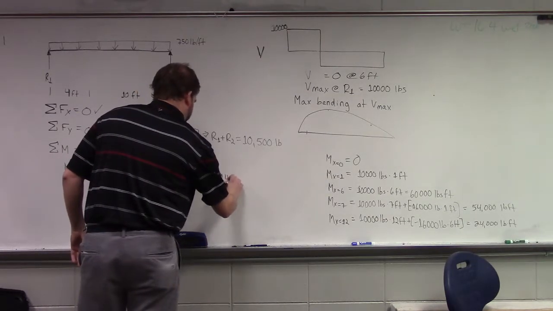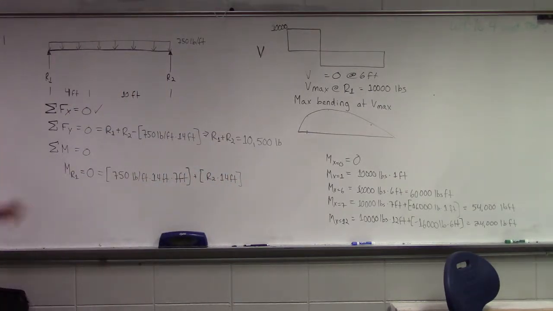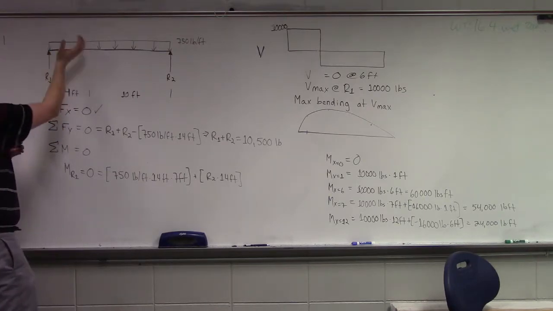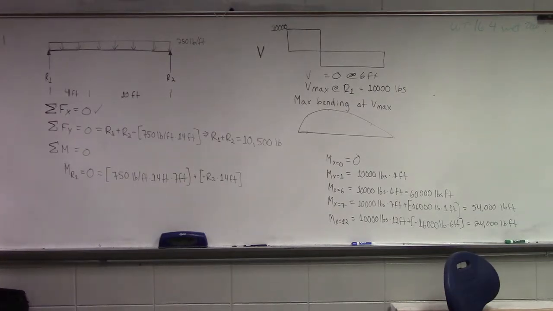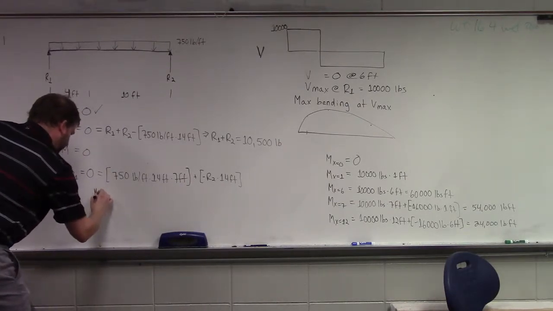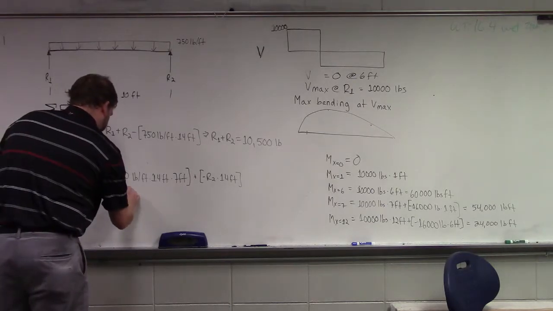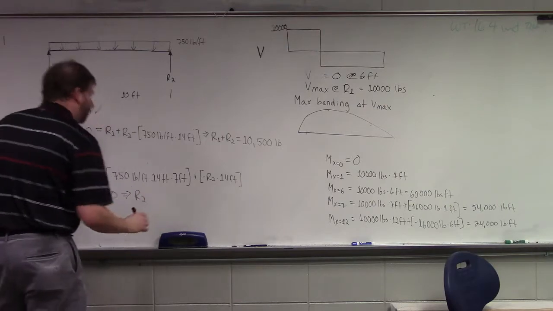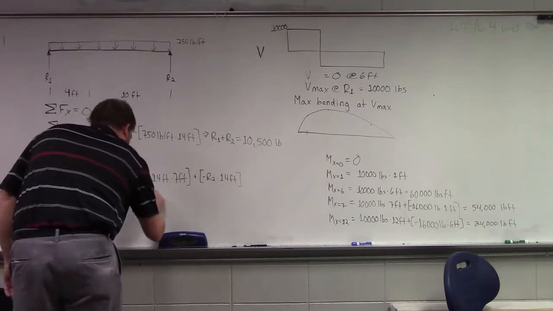I can tell I got this wrong. In what direction is it operating? Is it trying to rotate this way, or is it trying to rotate this way? Negative. It's a negative value, right? Okay. So R2 has to equal 10,500, so that's 73,500.